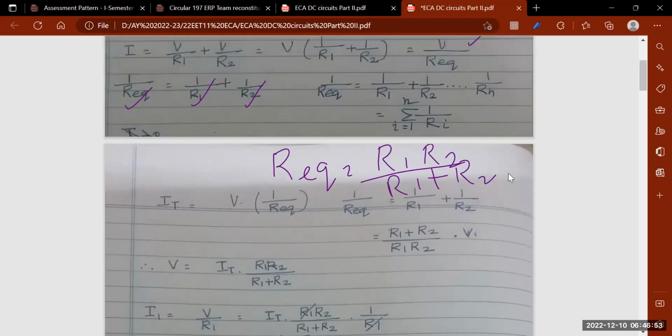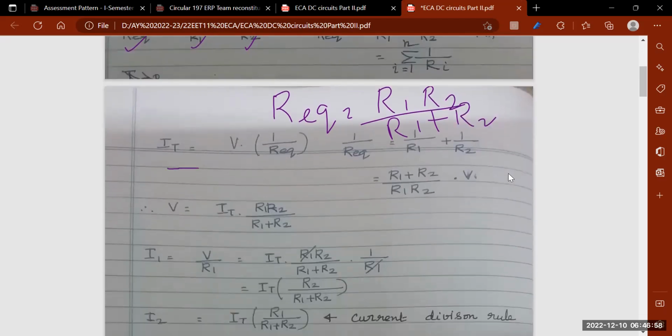So the total current supplied by the battery is given by the equation I of t is equal to V multiplied by 1 by R equivalent. If I substitute R equivalent as R1 R2 by R1 plus R2, then V is equal to I of t multiplied by R1 R2 by R1 plus R2.